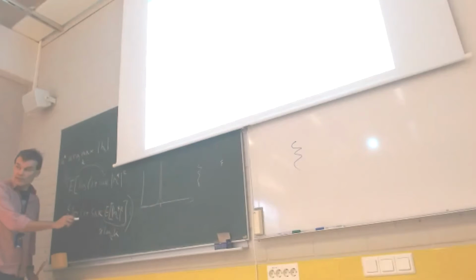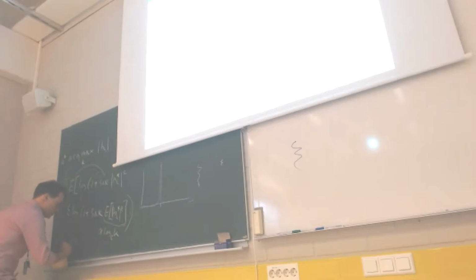You might recall from the wireless communication course that this expectation, when the number of users K goes large, you can approximate with log_e of K. So this becomes also deterministic.